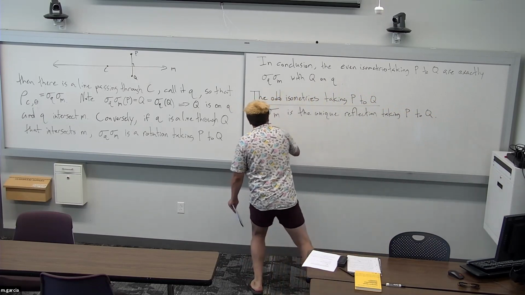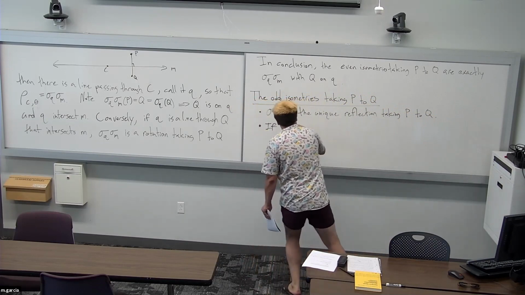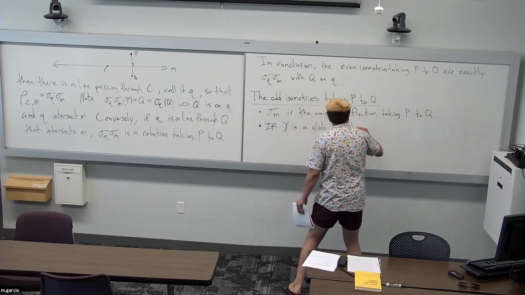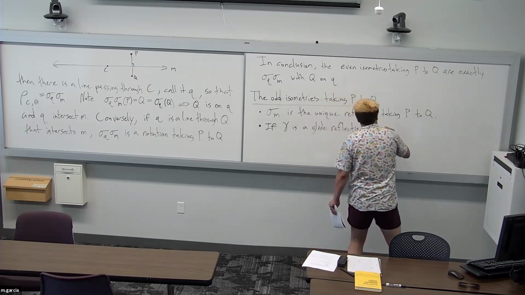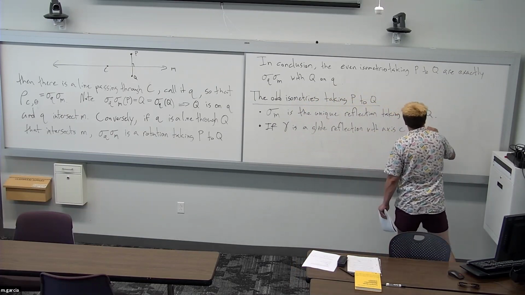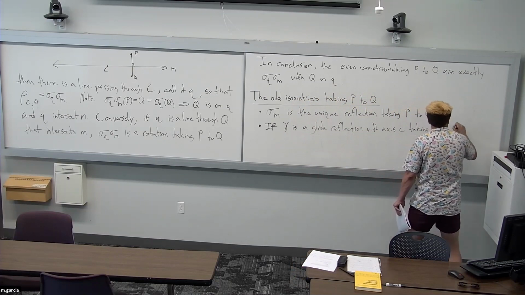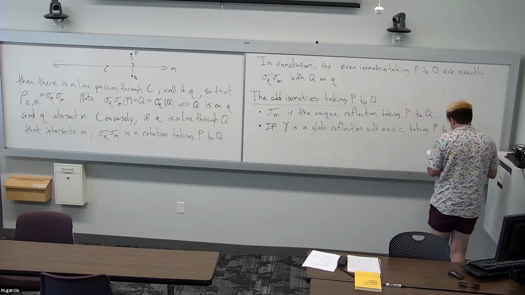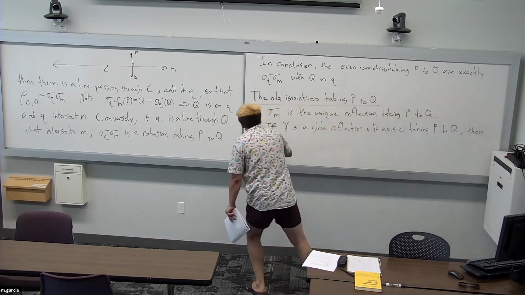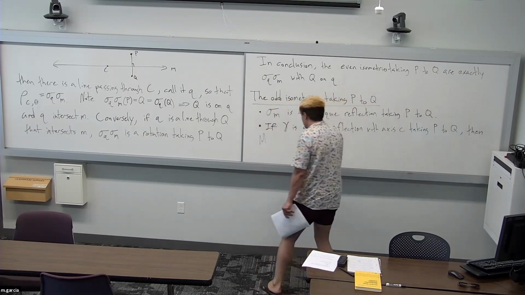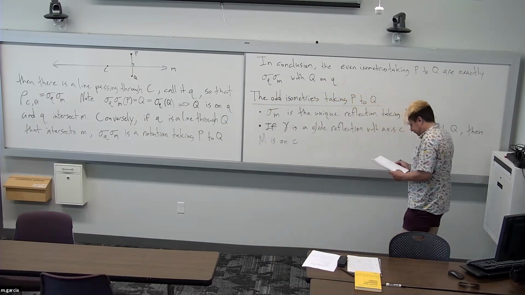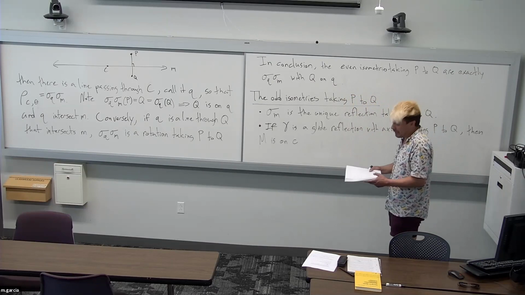So let's say gamma is a glide reflection with axis C taking P to Q. Then what we know is that M, the midpoint of line segment PQ, is on the axis C. Because it's a midpoint.